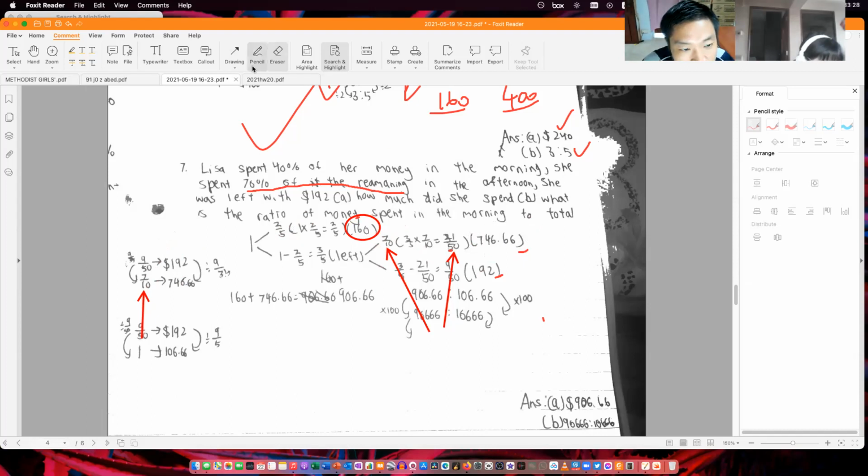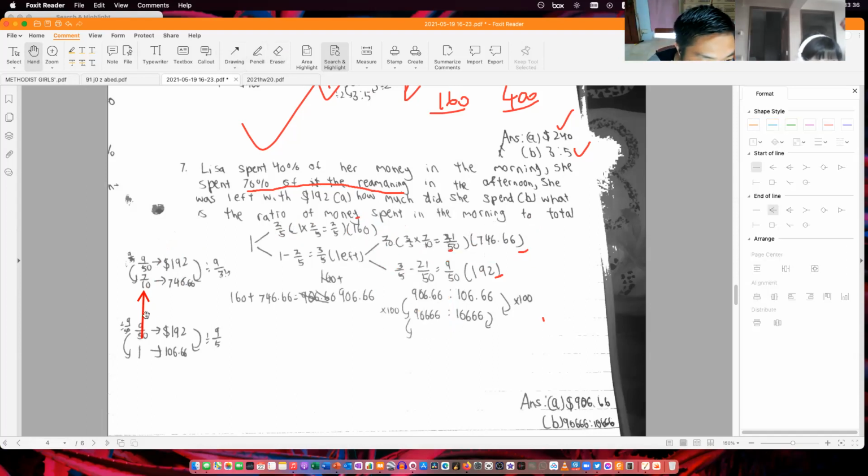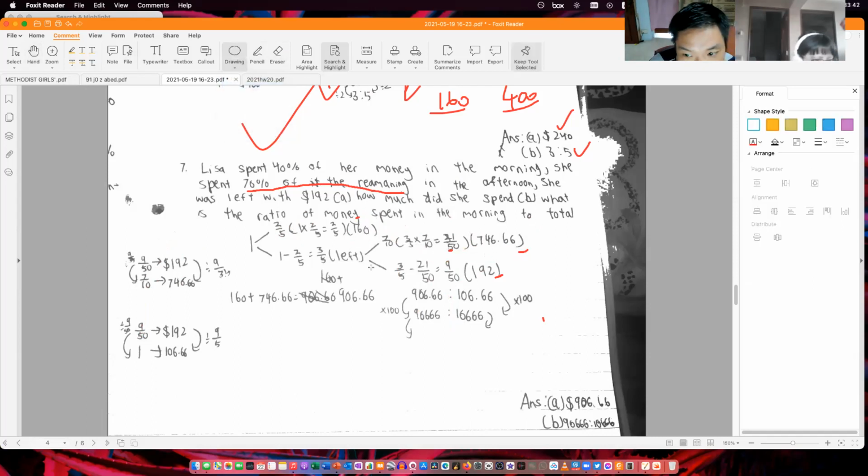To make things easier for you, because you have a lot of fractions, right? Can you see you have a lot of fractions here? So what I suggest you to do is you either use a highlighter or use a circle. You go and circle all the fractions.